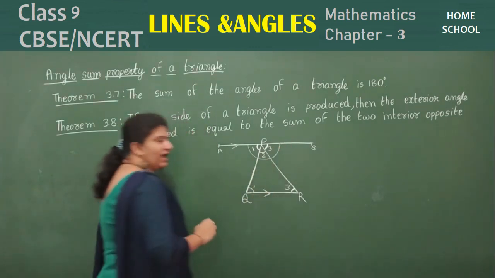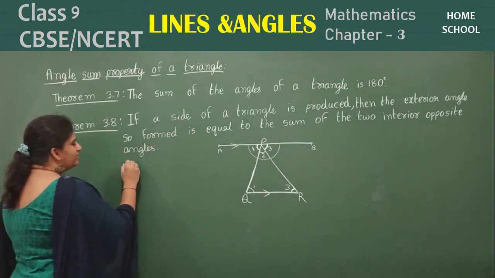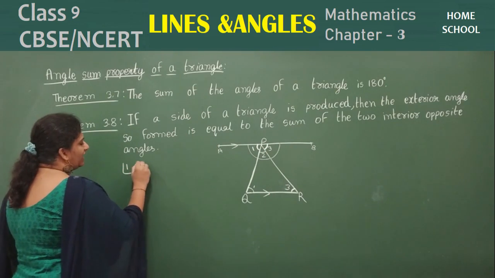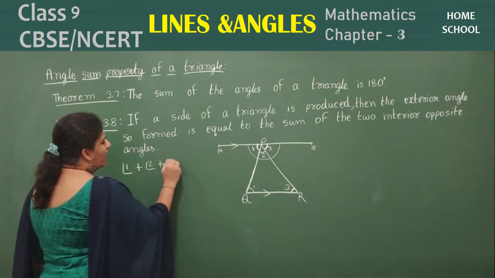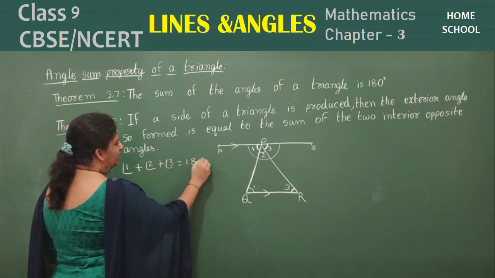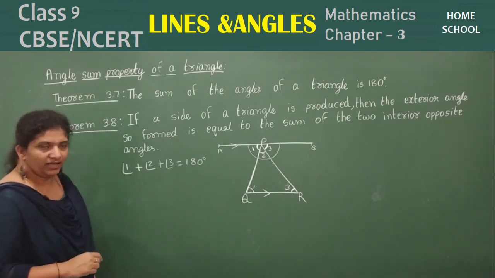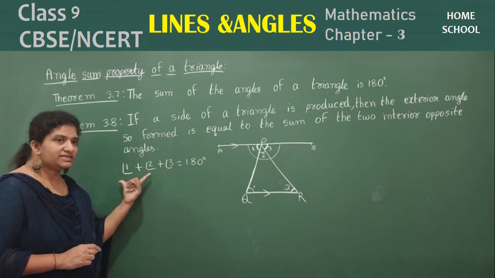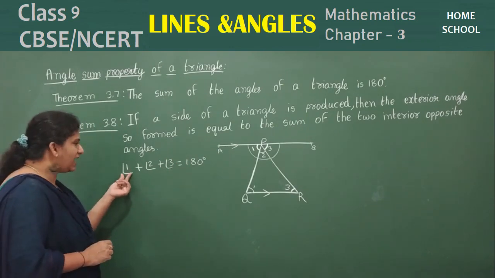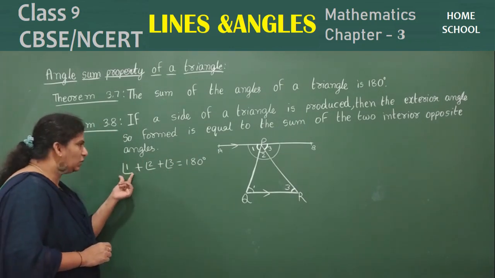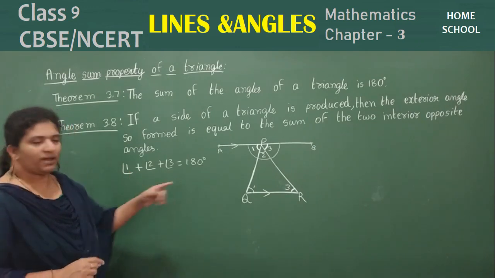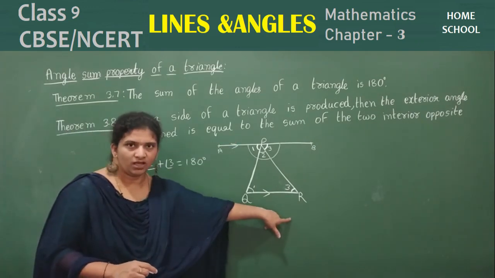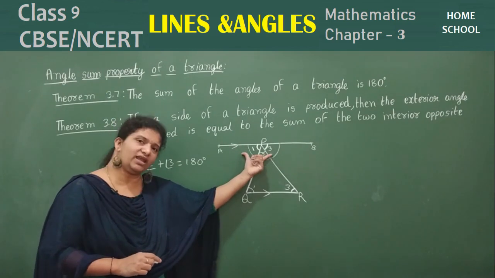The sum of all the angles, let me write angle 1, angle 2, angle 3 is equal to 180 degrees. Right? Then I am talking here about a straight line. Same straight line, this angle 1 APQ changes to PQR. Okay, here straight line 180.